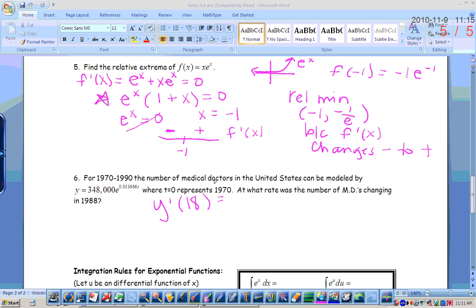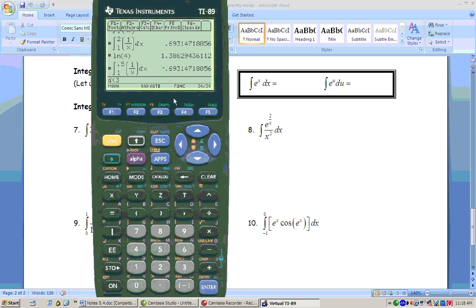I would obviously let you use your calculator on this because it would be a nightmare not to. You take the derivative and you type in the 34800000, and then e to the, so you do diamond, e to the 0.033666x.